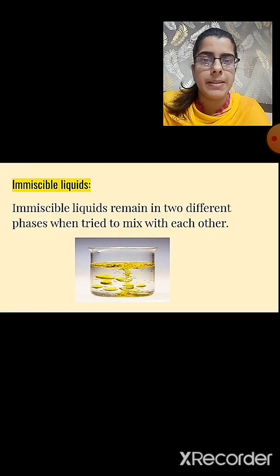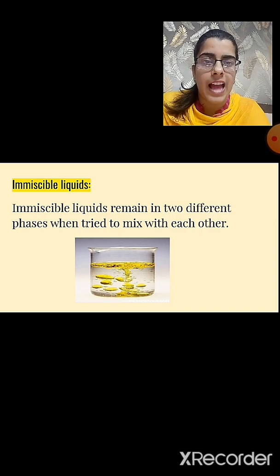Next is immiscible liquids. Immiscible liquids remain in two different phases when we try to mix them with each other. In immiscible liquids, two different layers are visible even if we try to mix them together. For example, oil and water.